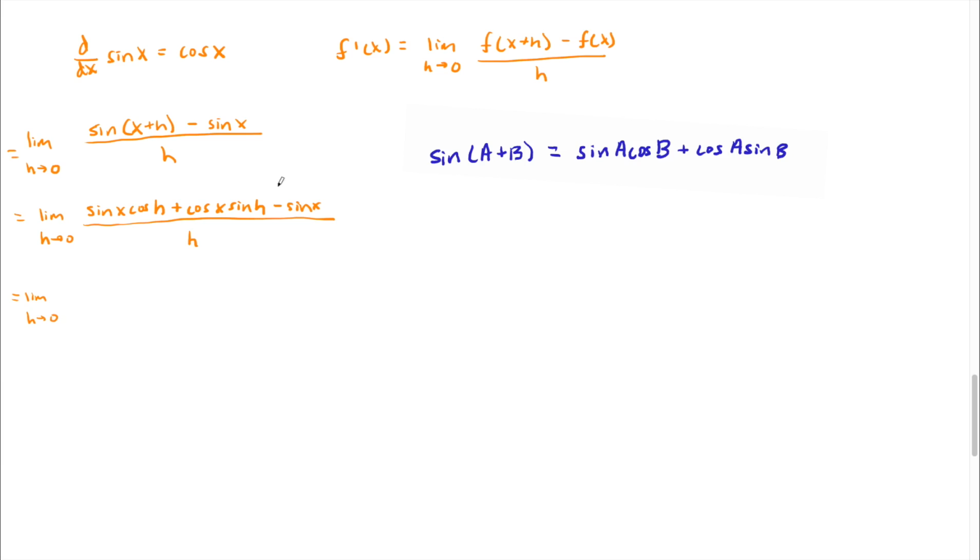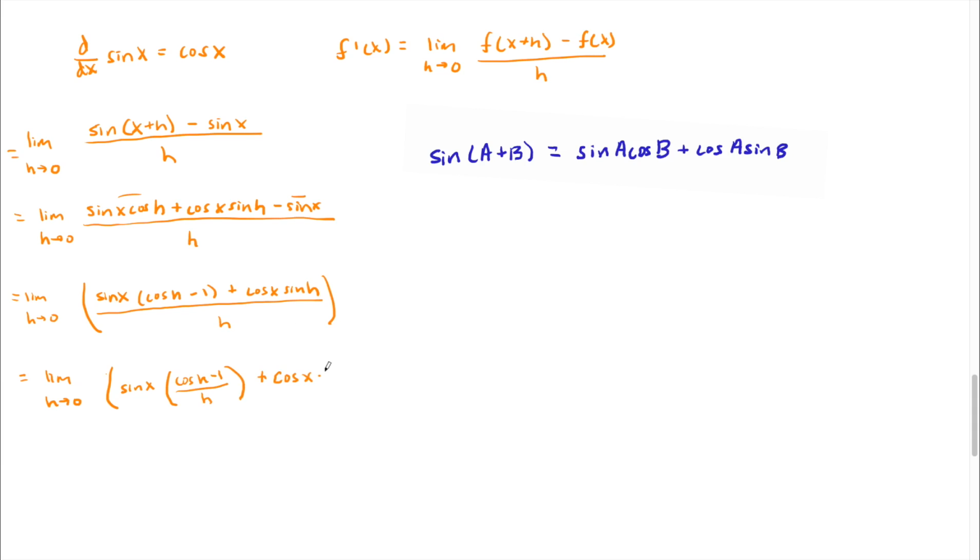So if we were to factor out the sine x, we're left with sine x times cosine h minus 1, plus cosine x sine h, and all that divided by h. And then finally, we're going to split up the denominator between the 2 terms, so we're left with sine x times cosine h minus 1 over h plus cosine x times sine h over h.